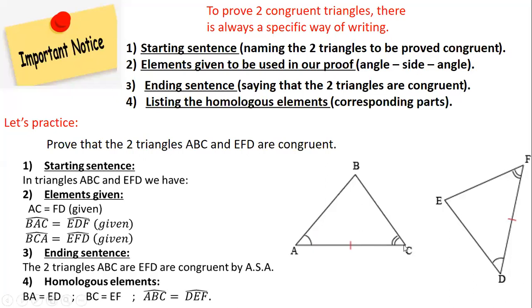On side AC, I have two angles, an angle at vertex A and an angle at vertex C. Please name the angle at vertex A, Laris. You don't know how to name an angle? It's very simple. To name the angle at vertex A, it is BAC. The name of the vertex should be in the middle. So the angle at vertex A is BAC.